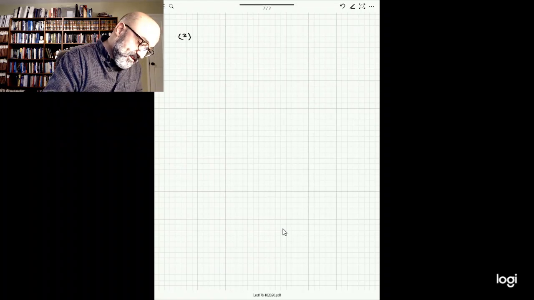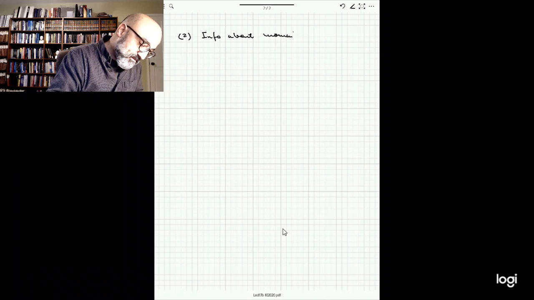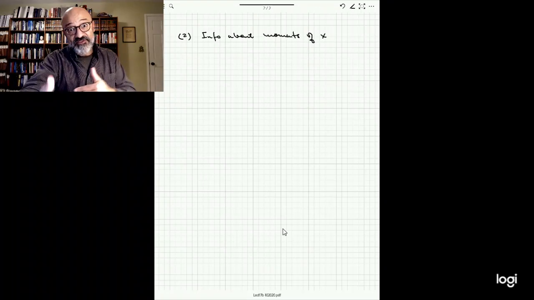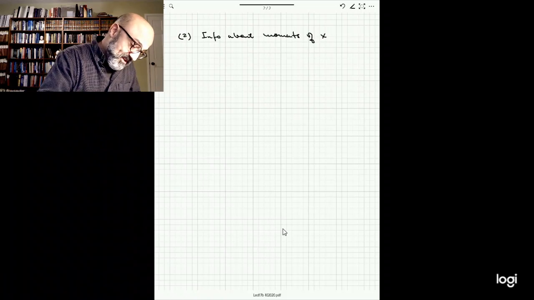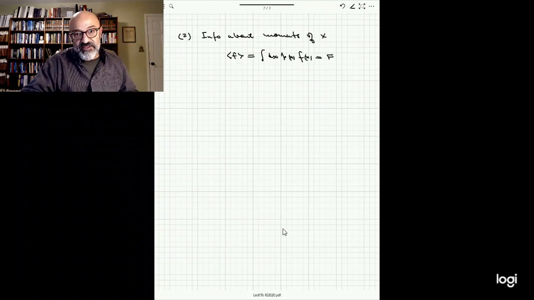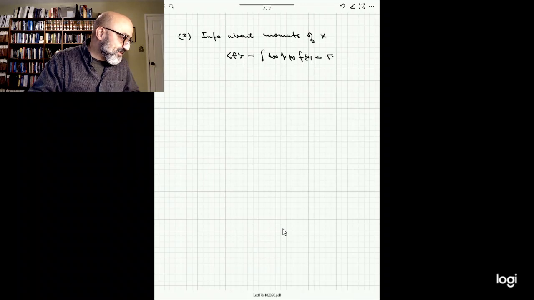So the data information, we have information about moments of x. Instead of having the value of x or the probability of x, we have moments. So you see it's even less information. It could be any function, the expected value of any function of x, with some value. Well, use this in the method of maximum entropy and you get an expression.